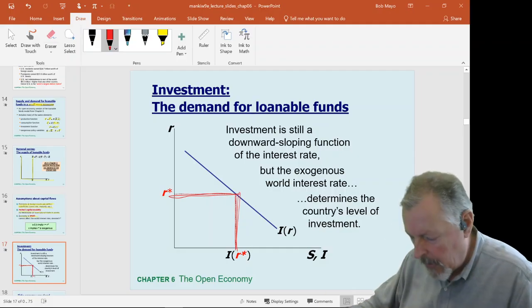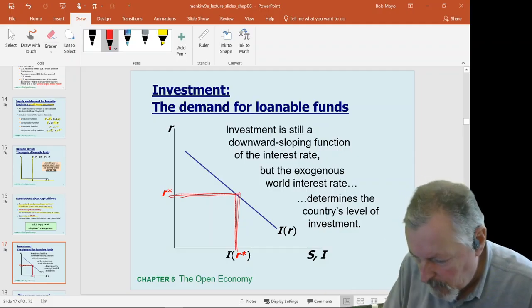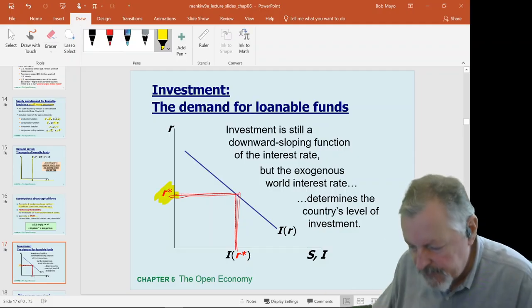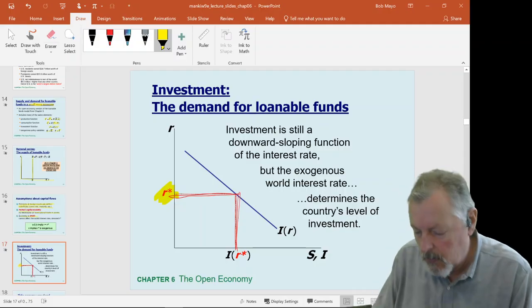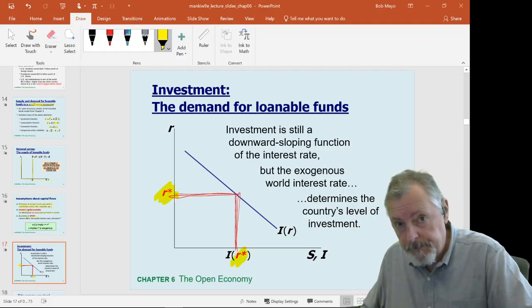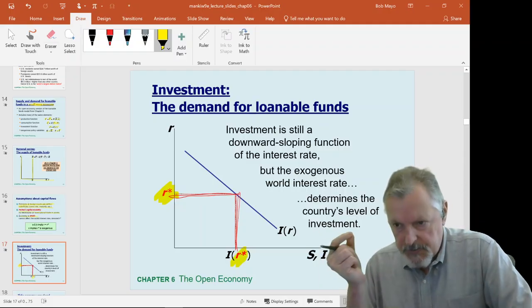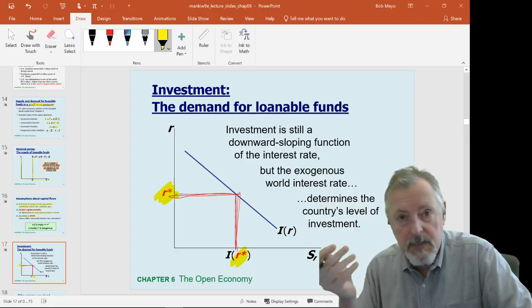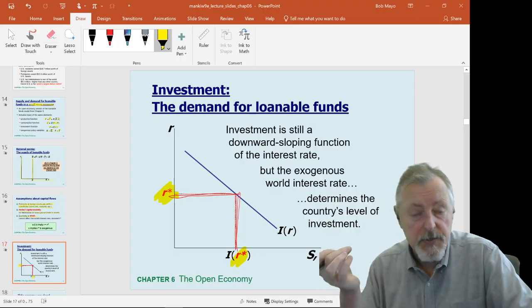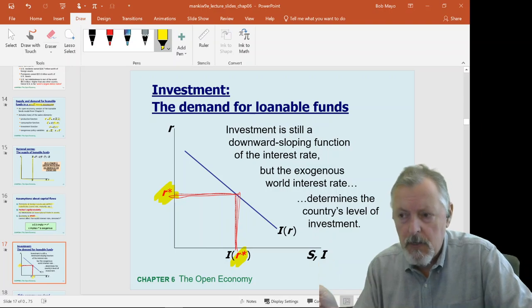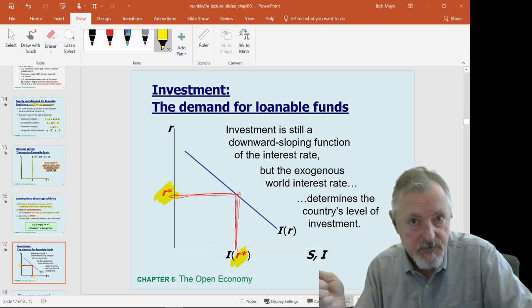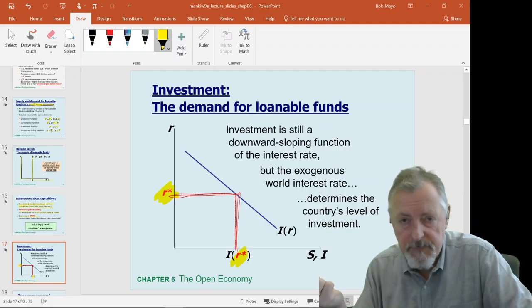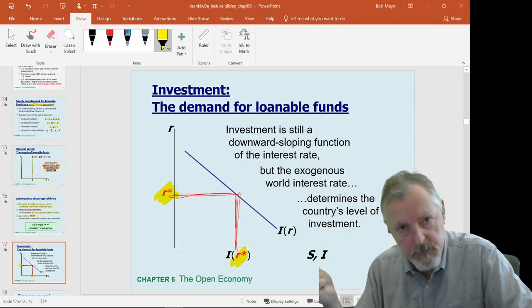Now, notice here, this isn't R, it's R star. Since this is an open economy, we're assuming that the price, the equilibrium, is determined on the international markets, which means there is some world price for loanable funds, the world interest rate.